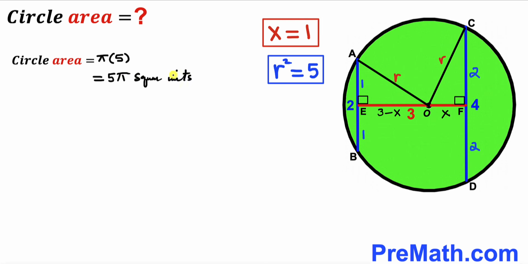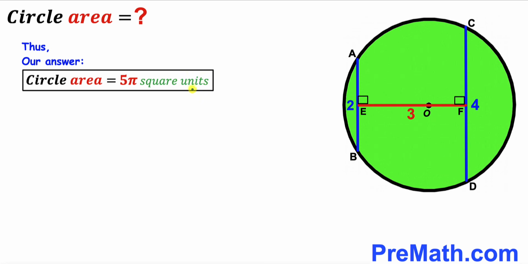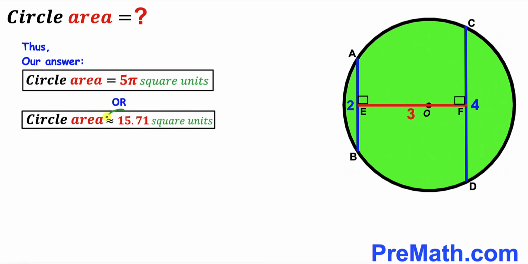So after all the calculations and manipulations, the area of this green shaded circle turns out to be 5 times pi square units, and that's approximately equal to 15.71 square units as well. And that's our final answer.